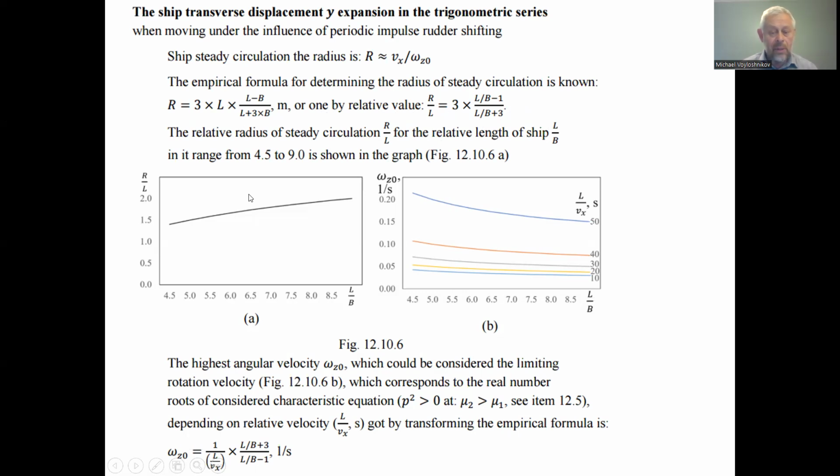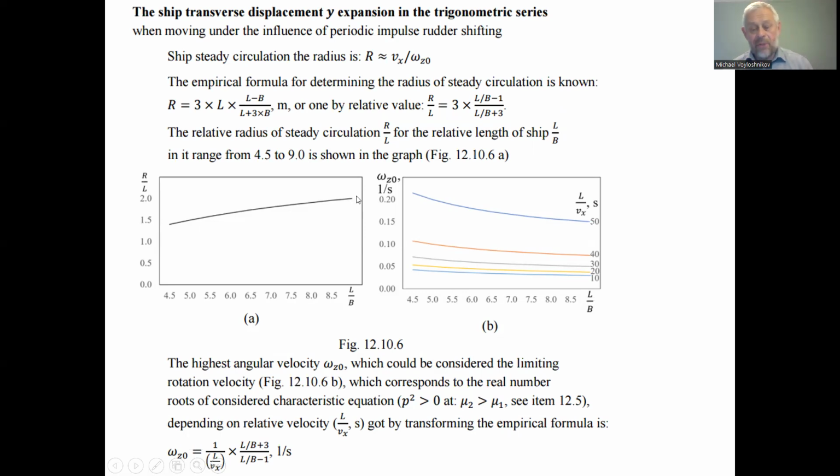The relative radius of steady circulation for the relative length of the ship, L divided by B, in the range from 4.5 to 9.